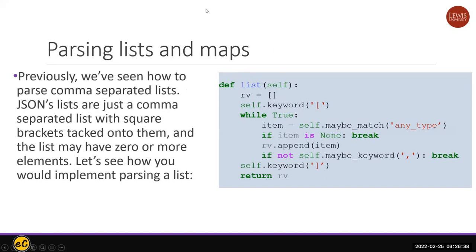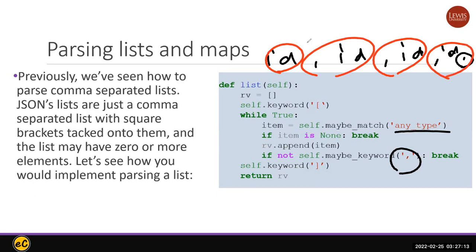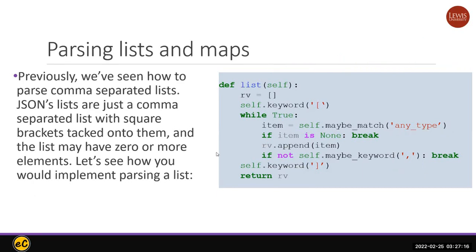Here we implement the so-called item, comma, item, comma, item pattern. We match any type, and then we eat a comma. If not, we break. If at the end we do not see a comma, then we finish. So this one is using this kind of format.